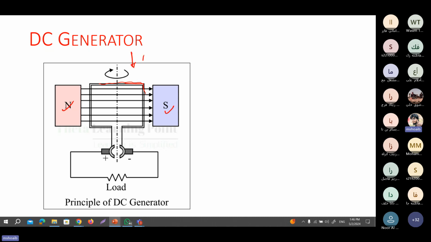This rotating means it is getting mechanical input. What you are getting as output is voltage, which is your electrical output. Then you can connect any load, like a light or a fan, across this output terminal. This is the principle of the DC generator.